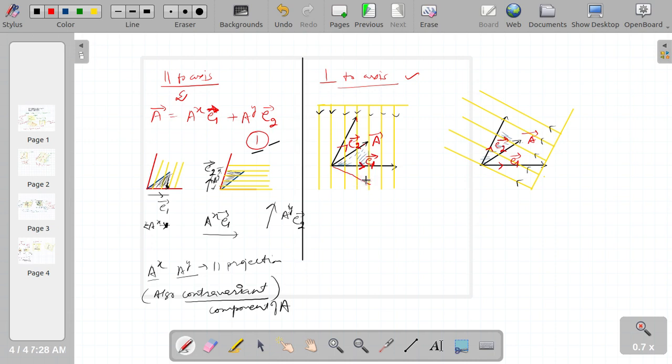Let me call it this. Let us assume that this is another direction. I am defining another basis vector whose direction is this one. And here I will draw another vector which is perpendicular to this one, and say it is E2.